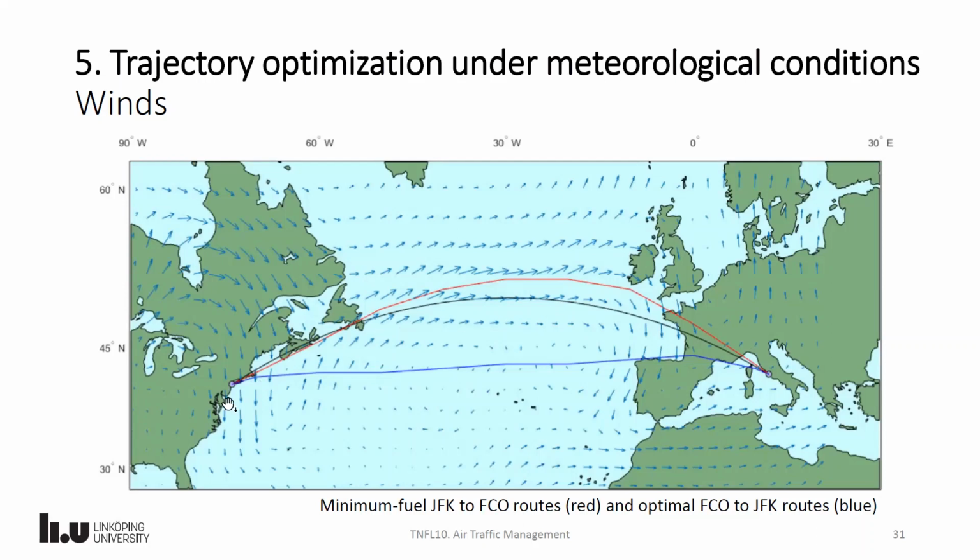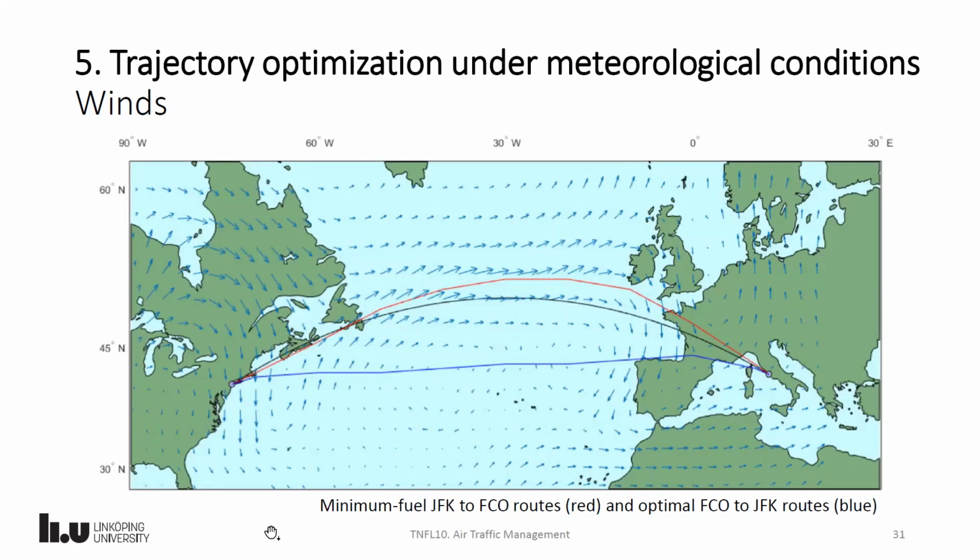This is the great circle. This is the shortest path that the aircraft can fly. So you can think that if there were no winds, the optimal horizontal trajectory could be this one over here, the black one.